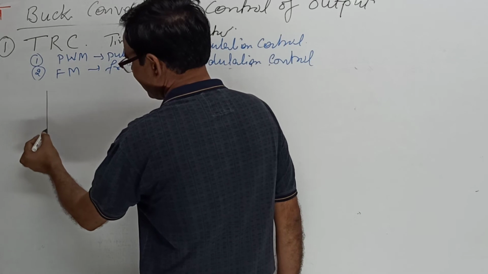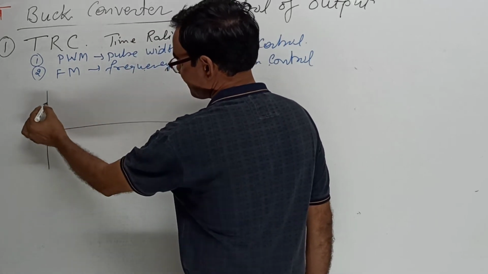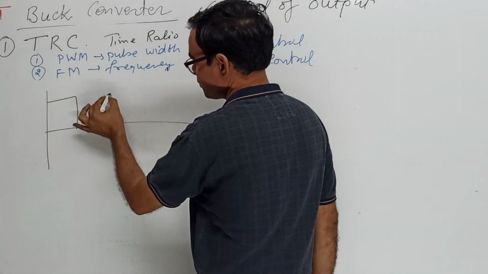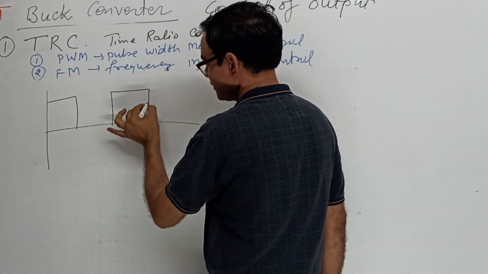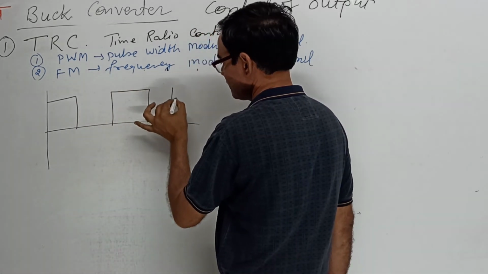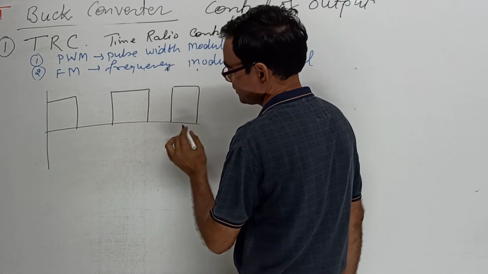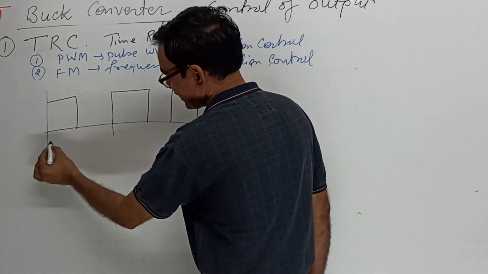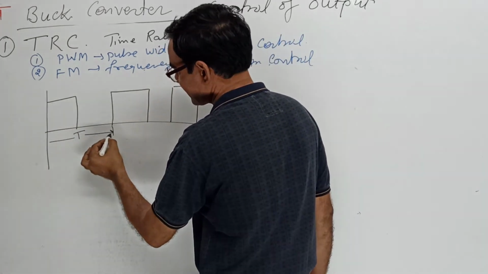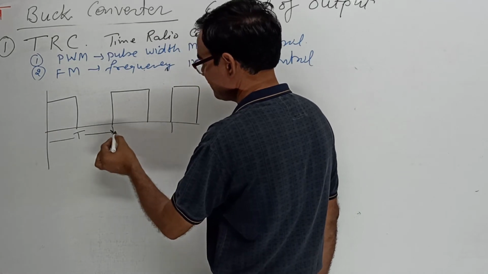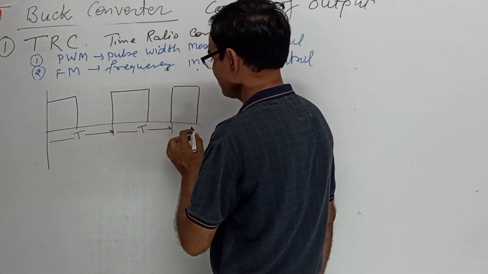We'll give an example. This is the output. Here this is the total cyclic time, and this is the same total cyclic time.